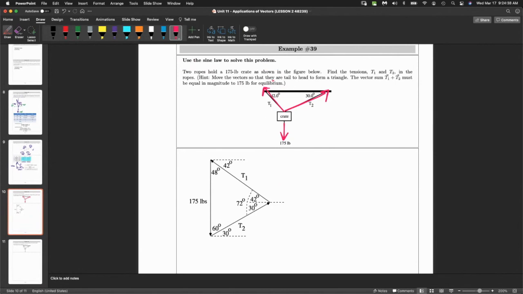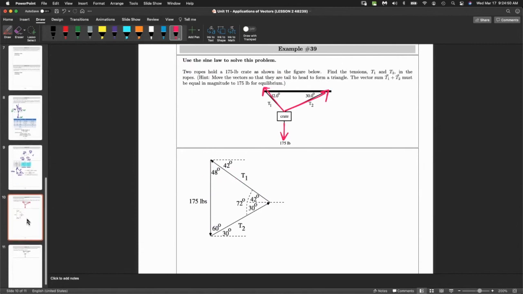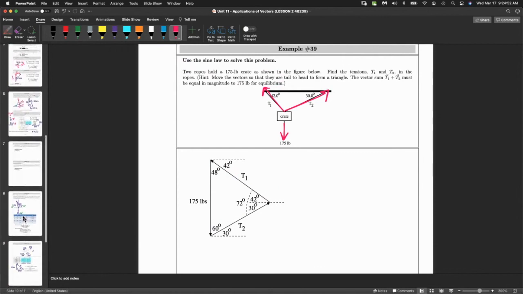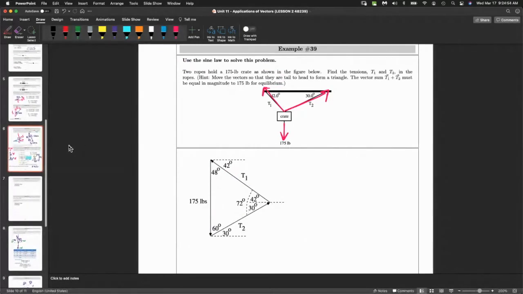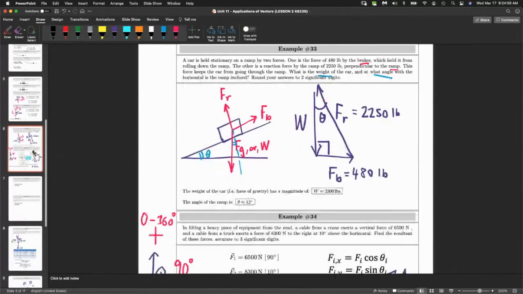And because we're in equilibrium, I mentioned that you can draw the forces as a closed loop. See how it's a closed loop? We saw this behavior in an earlier question when we did the car on the ramp. If you remember the question with the car on the ramp, here's the car on the ramp. See? I drew a closed loop. The three forces acting on this car were in equilibrium, so you can draw them as a closed loop.